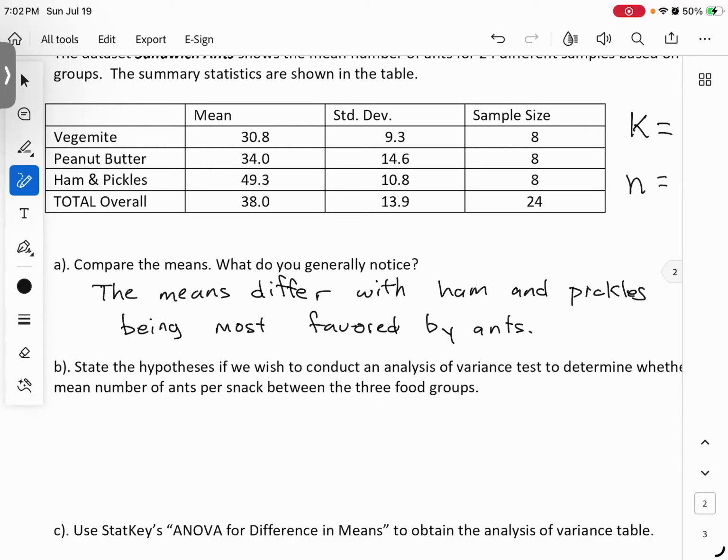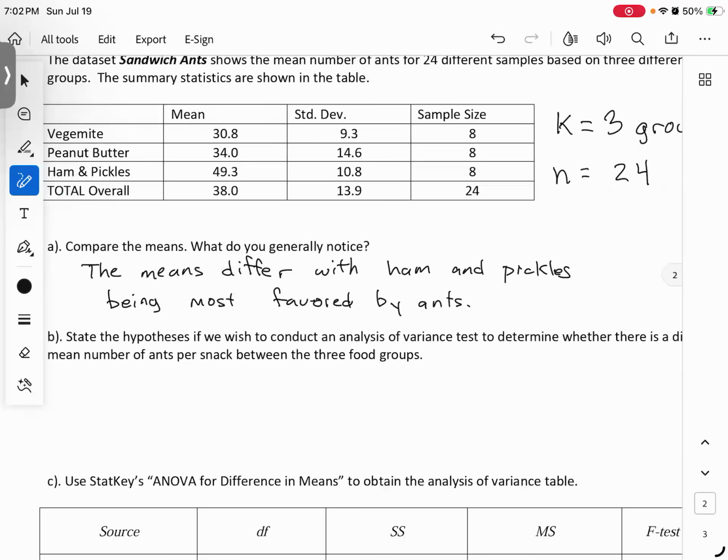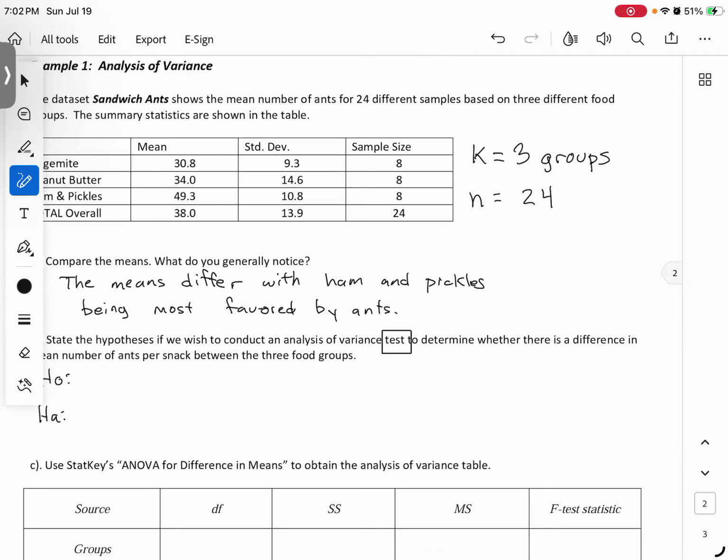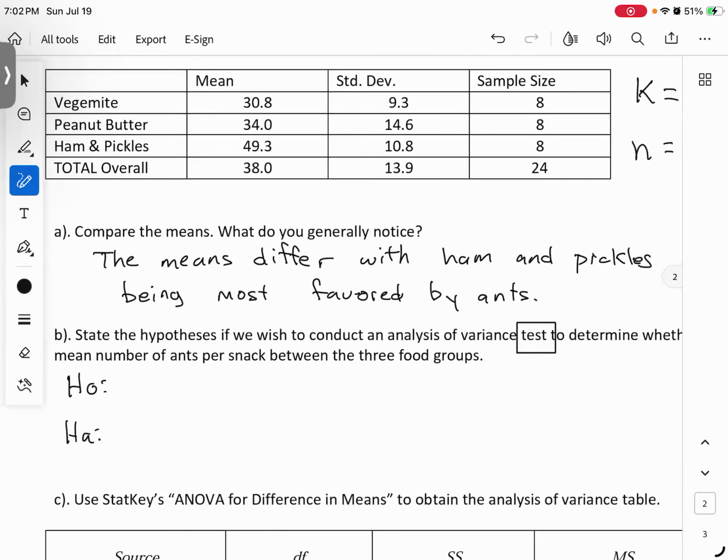Now, for the null hypothesis, you can see here it says state the hypotheses. If we wish to conduct an analysis of variance test to see whether there is a difference in the mean number of ants per snack based on the three food groups.